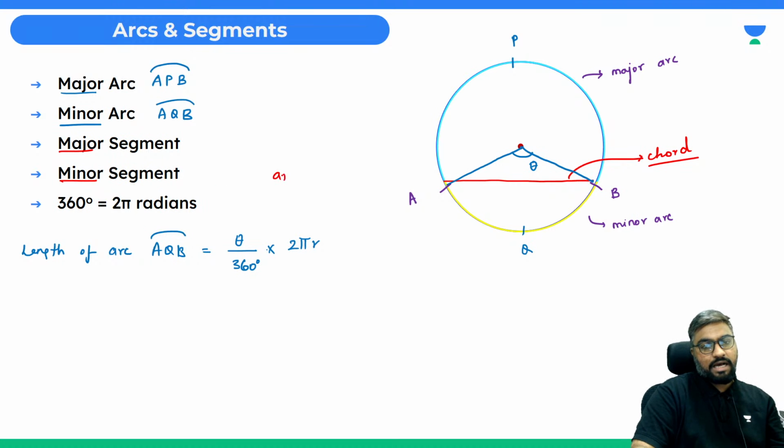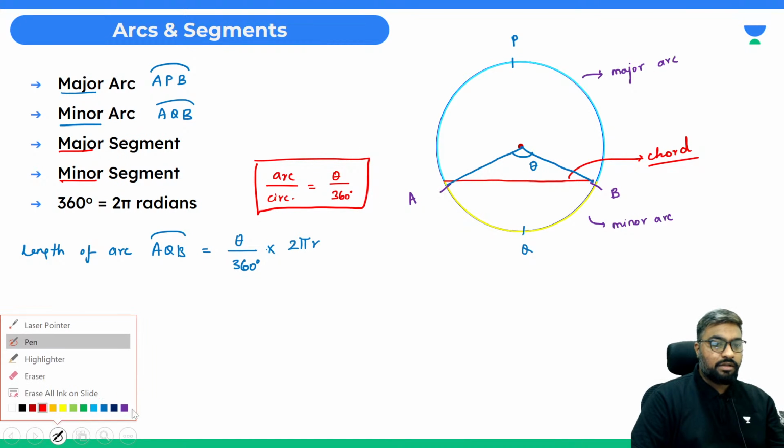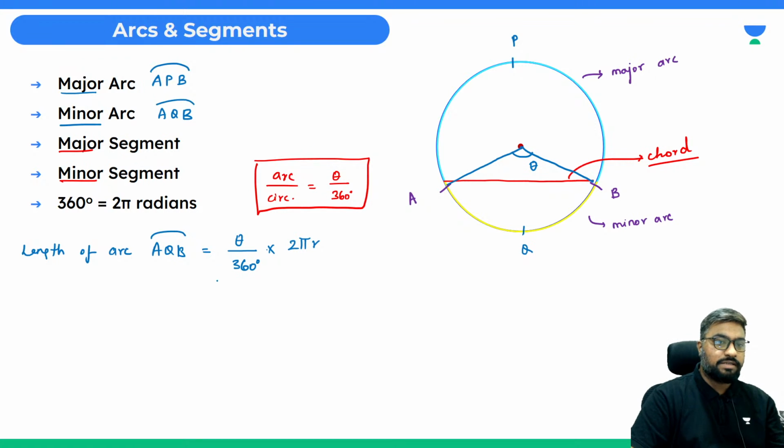Length of the arc to the circumference का जो ratio है will be the same as theta by 360. Cool. Same way, so this part sorted ना. कोई डाउट यहाँ पे? Anybody, any doubts with finding out the length of the arc?